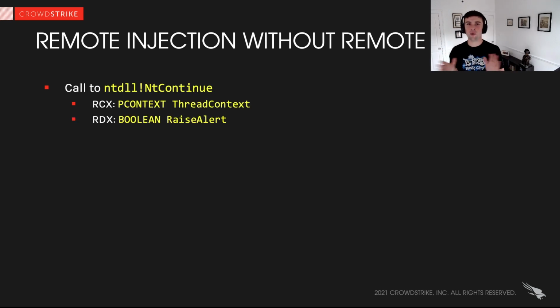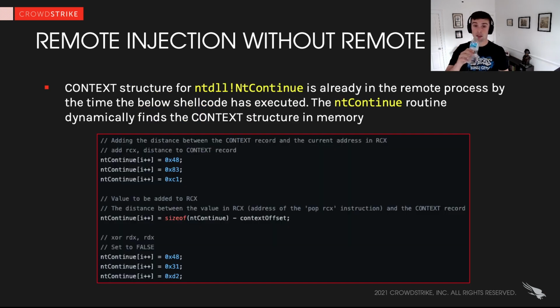So after that long-winded explanation, the call to NtContinue would look like this at the assembly level in the fastcall calling convention. We pass the context that we would like to resume, and then there's a bool that can also be passed here, which we don't necessarily care about for our purposes at the current moment.